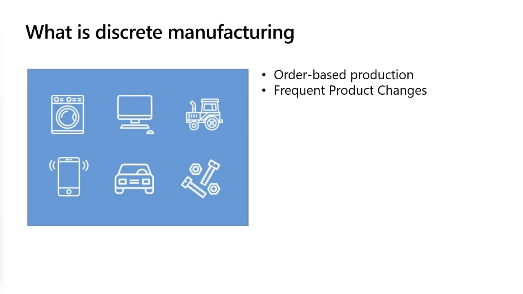Frequent product changes means that not every production order is produced in the same way. For instance, because the product evolves over time, a material has changed or a different resource has to be used.